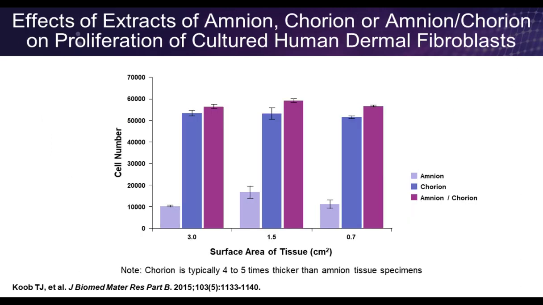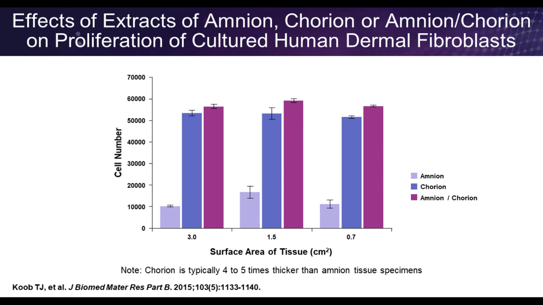As shown in this slide, the extracts from the dehydrated human amnion-chorion membrane have very dramatic effects on the proliferation of cultured human dermal fibroblasts.